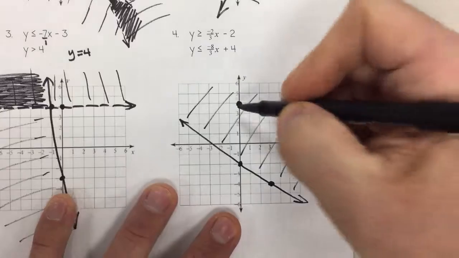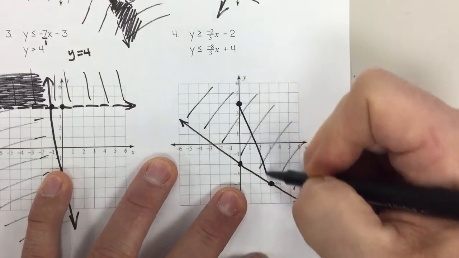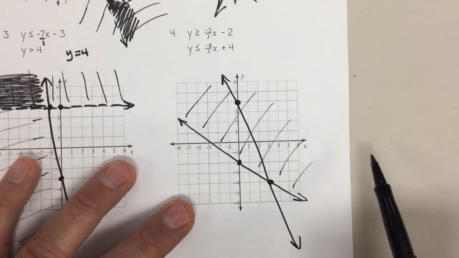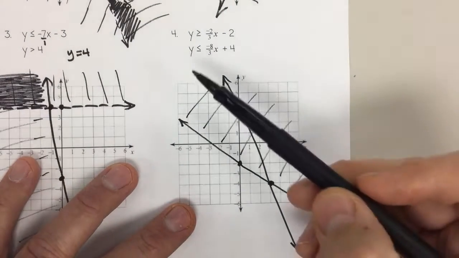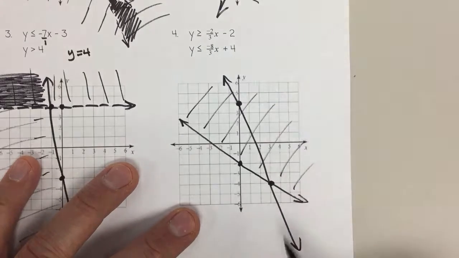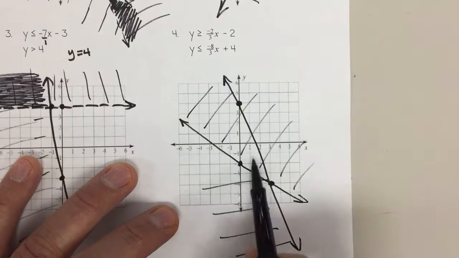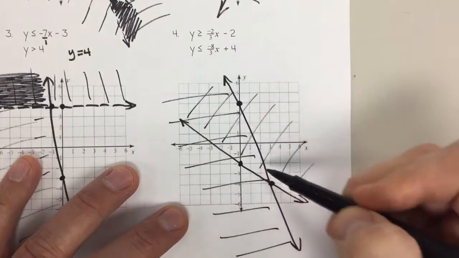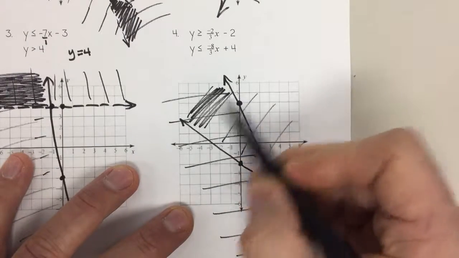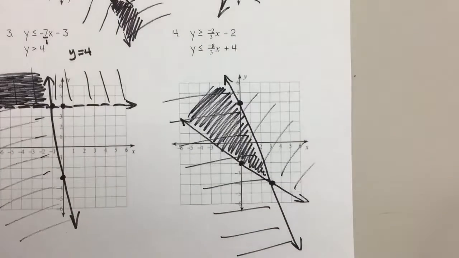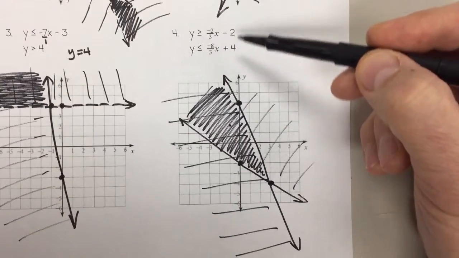This one also has an equal sign, so it'll be a solid line. And for this one, it says I'm going to shade below the line, because y is less than the line. So I think it's easy to see this will be the double shaded area. So points in this region work in both inequalities.